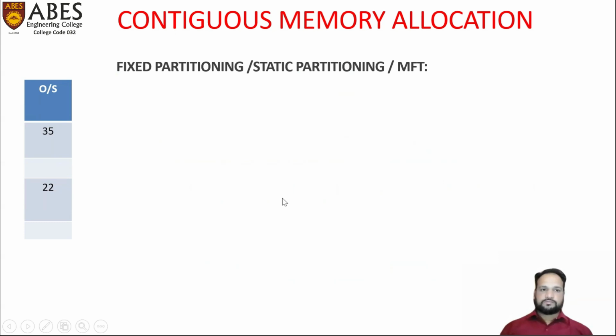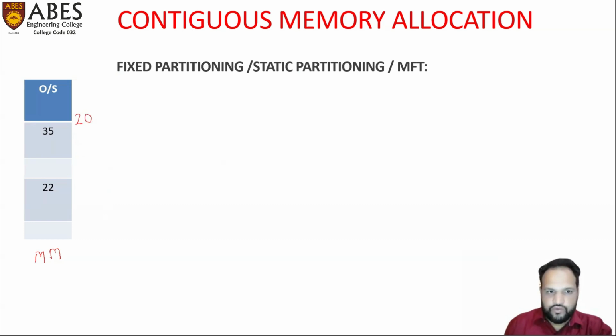Now let us take an example. Consider that this is our main memory, and it has partitions that are contiguous in nature. Consider that this part of main memory is of size 20 MB, which has the operating system.